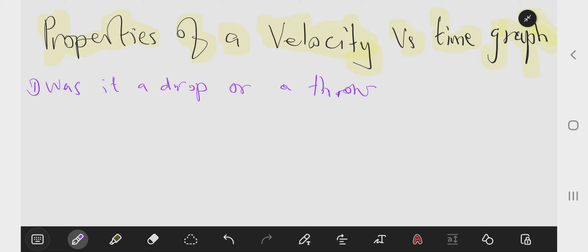So we said if the initial velocity is equal to 0 meters per second, then we can simply say that object was dropped from a stationary point. But if the initial velocity is a certain value which is not 0, we used 2 as an example, then we can simply say this was a throw, right? And then whether it was thrown upwards or downwards, that was the second question.